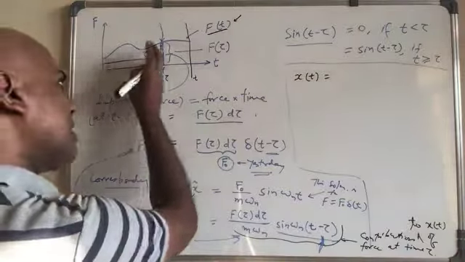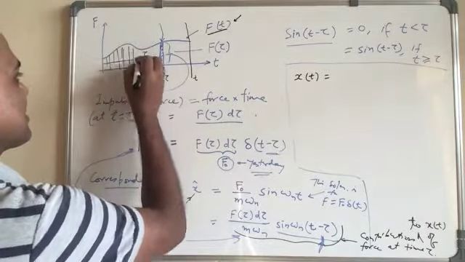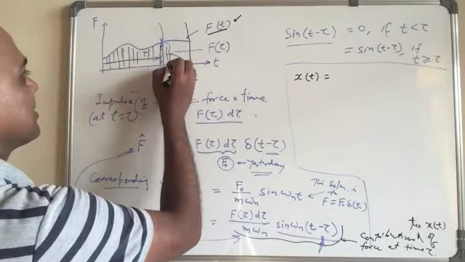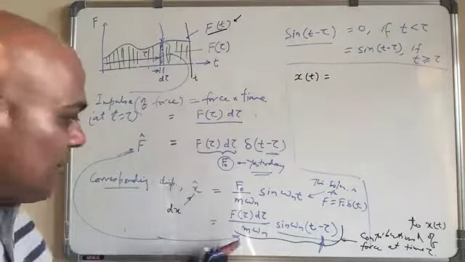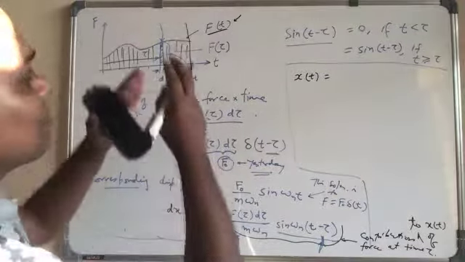If we consider all of them, means we have a lot of strips there, right? A lot of impulses, all combined together. Then we have to integrate. We have to take the contribution of all of them.